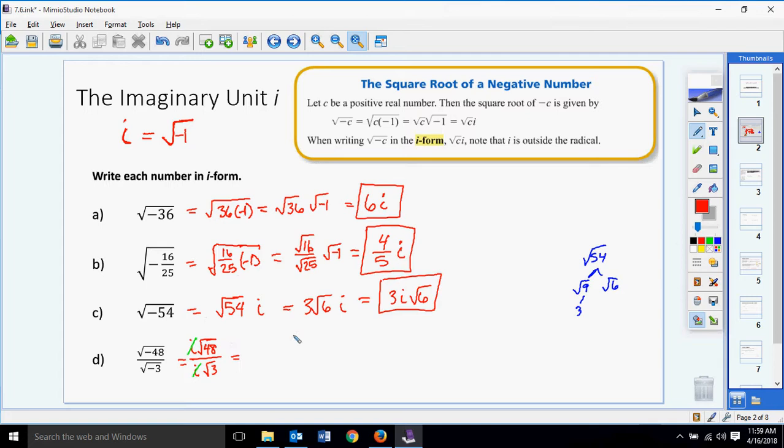So I have the square root of 48 over the square root of 3. I'm going to combine that into one square root because 48 divided by 3 simplifies to 16. The square root of 16 is just 4. So there is no imaginary part here. Just because you start with a negative radical doesn't mean you're always going to have an i in your answer.